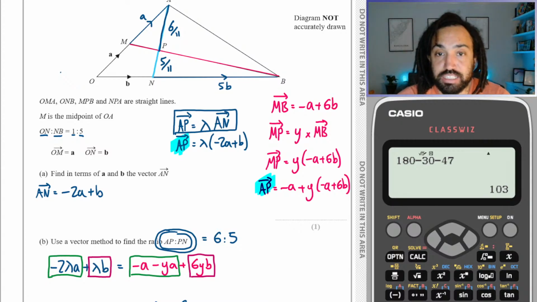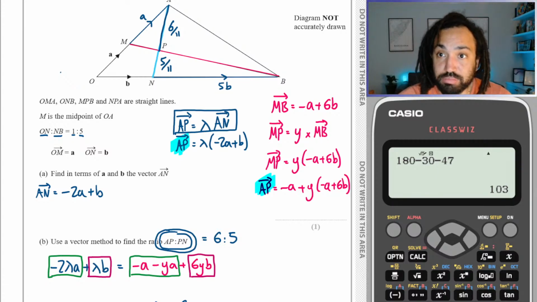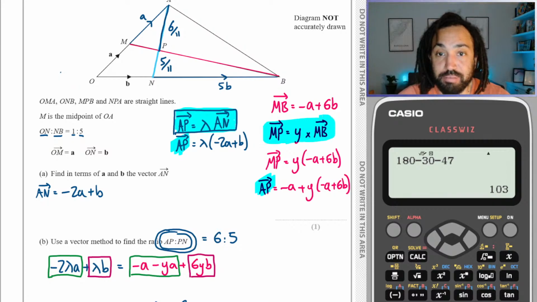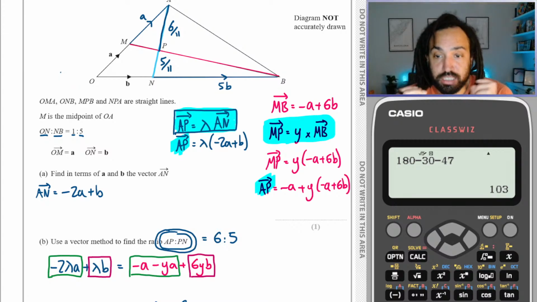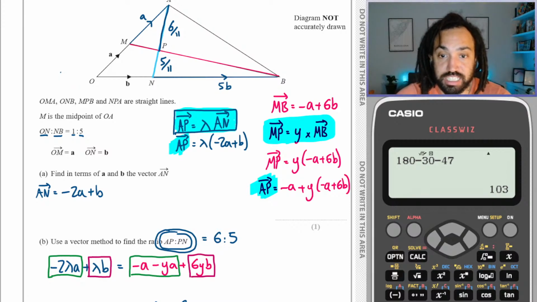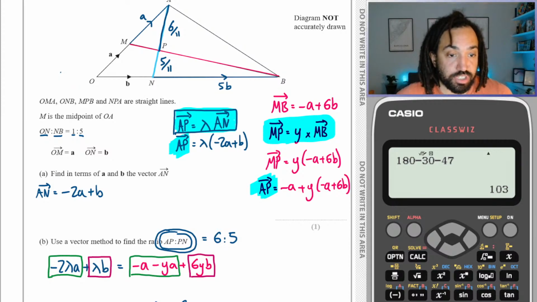You then need to say that the fraction lambda is how much of AP is of AN. And you also need to show that the fraction y is how much of MP is of MB. You could then find an expression for the same vector. In this case I chose AP. And then you have to equate coefficients after you've done that.